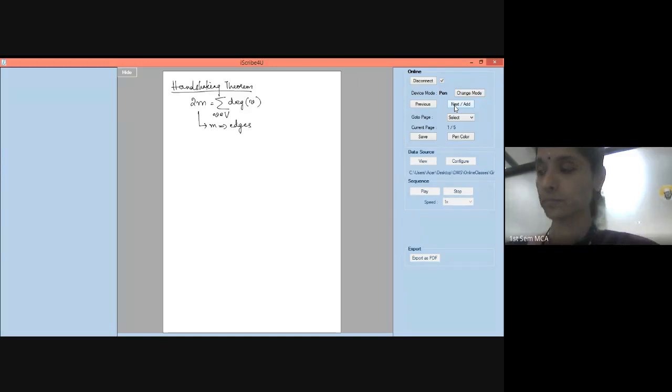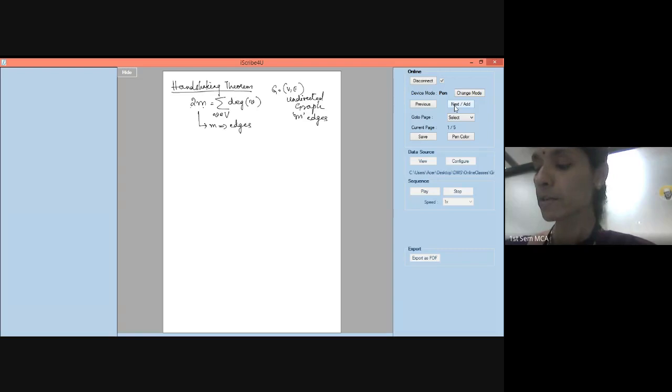So we have a graph G equal to (V, E). This is an undirected graph with m edges. Then the sum of the degrees of V will always be an even number, that is 2 times m.